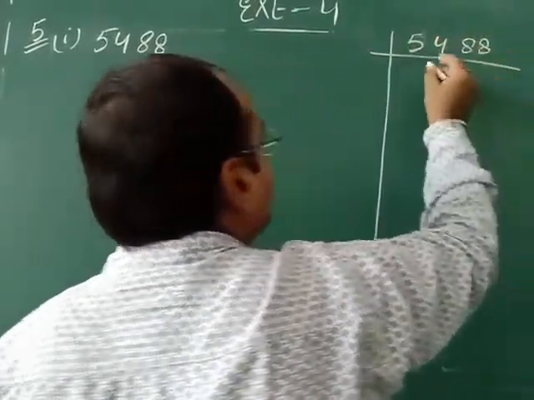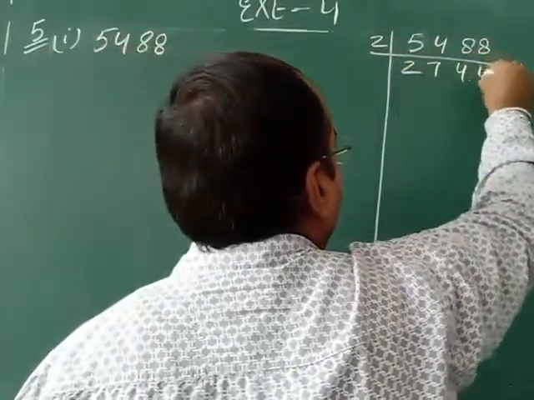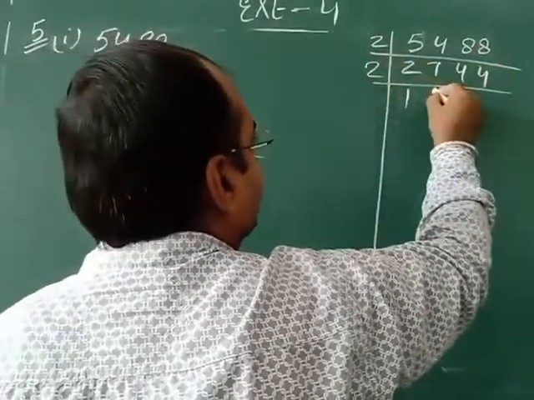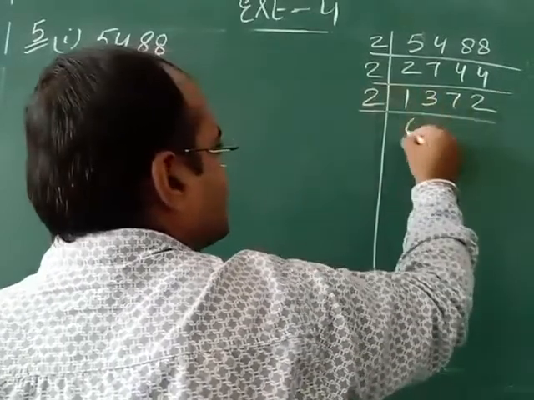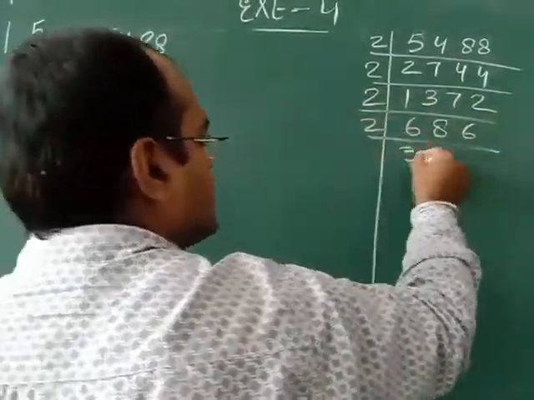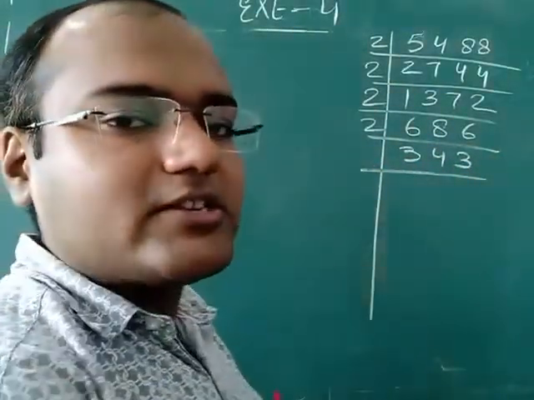5488, we will divide it by 2. 2 twos are 4, 2 sevens are 14, 2 fours are 8. Again we divide by 2. 2 ones are 2, 2 threes are 6, 2 sevens are 14. Then 2 sixes are 12, 2 eights are 16, 2 threes are 6, 2 fours are 8, 2 threes are 6. Now 343 is coming. It is divisible by 7.